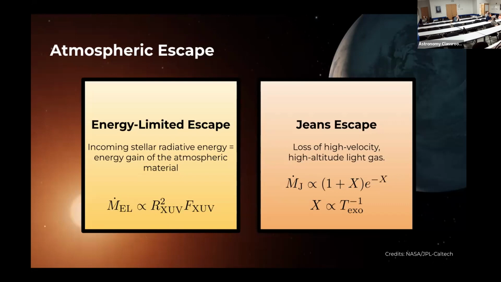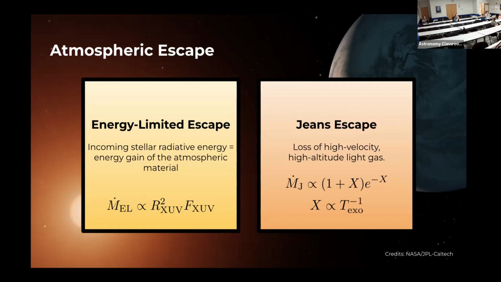Which also depends on the star coming in. But what we found actually is that even for a very light gas like atomic oxygen, you need extremely high exospheric temperatures to cause any appreciable amount of escape.